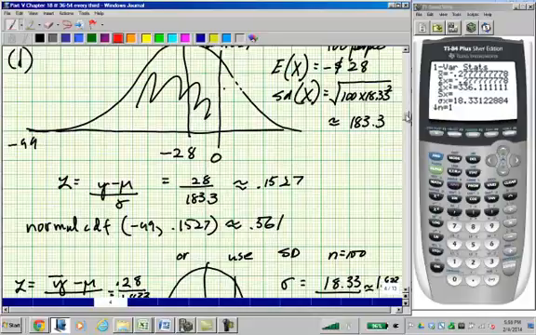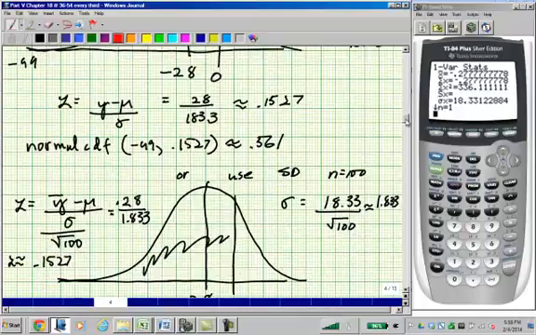You do a normal CDF from negative 99 all the way to 0.1527, and you get 0.561. So that's the probability that the people running the game will make money with 100 people playing, with a 0.43439 probability that they'll lose money.